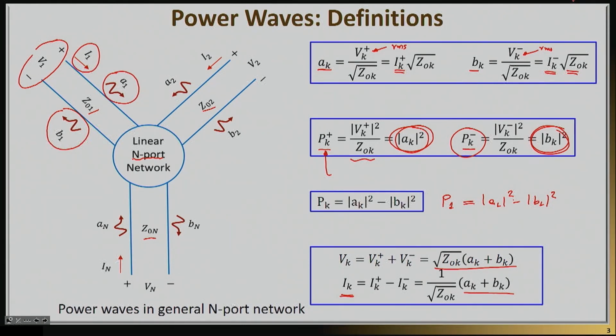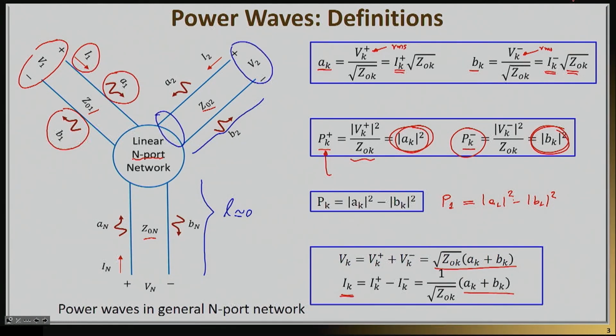One clarification I would like to make about the graph that you see here is that even though I'm drawing those transmission lines to emphasize the ports of this network, the lengths of these transmission lines are assumed to be 0 in this particular case. If you do have a significant length of transmission line, then obviously the voltage that I'm having here is not the same as the voltage that I'm having here.